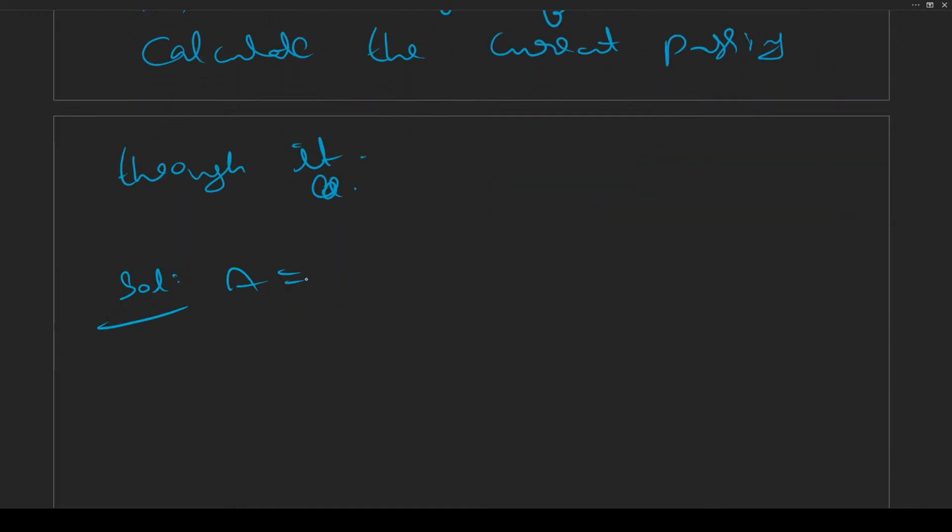Solution. Area, which is equal to 16 centimeters square, or 16 into 10 power minus 4 meter square. B, which is equal to 0.2 Tesla. N, number of turns, which is equal to 20.